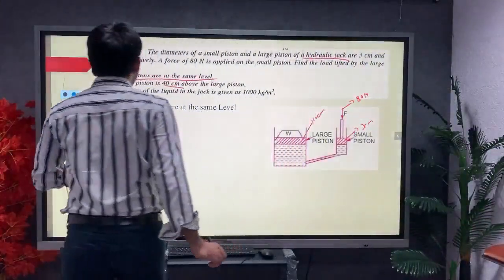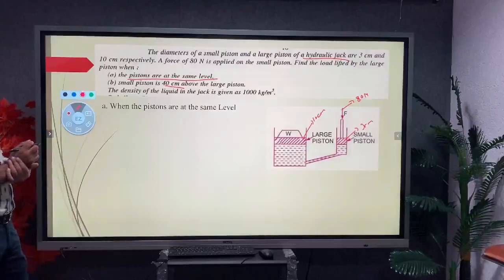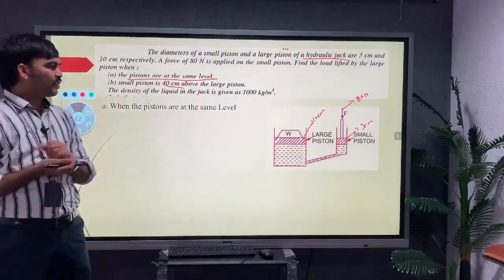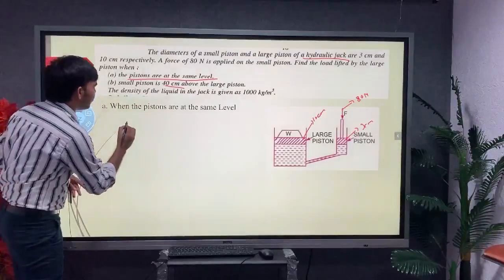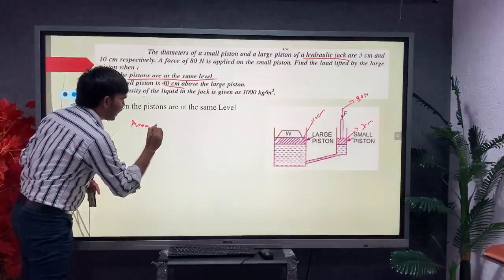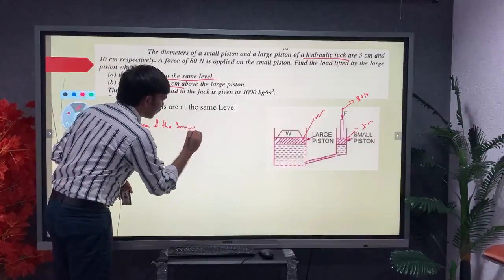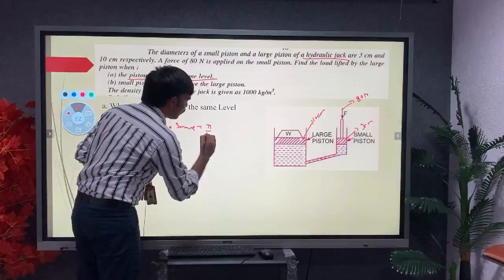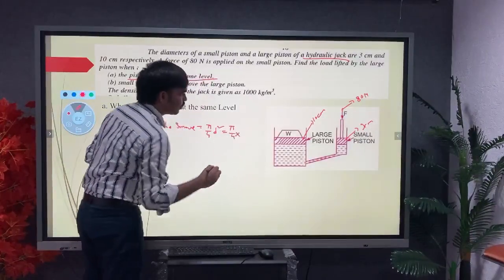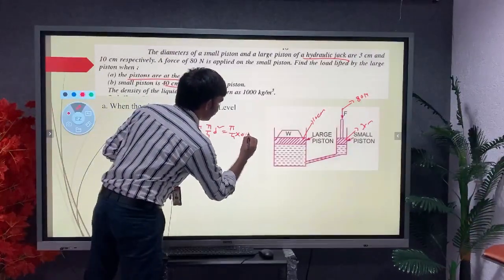Now, when the pistons are at the same level, first we need to know: there is an 80 newton force applied on the small piston. What is the area of the small piston? First we need to find the area of the small piston, that is pi by 4 d squared. That means pi by 4 into d, which is 3 centimeters, so that is 0.03.